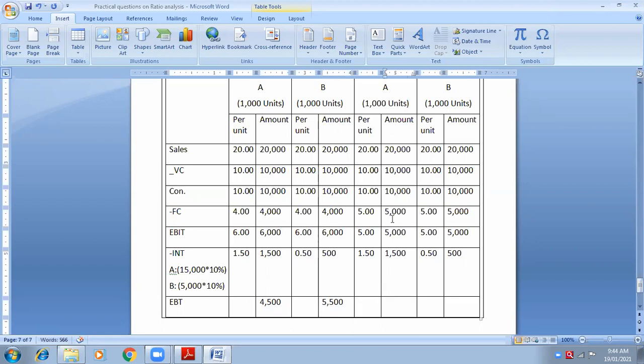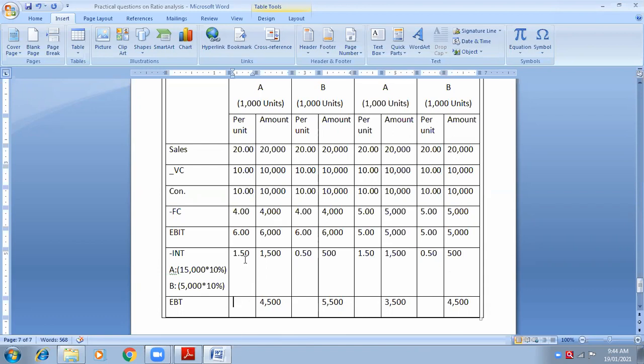And next 5,000 minus 1,500, the answer would be 3,500. And the last, plan B of situation 2: 5,000 minus 500, 4,500. Very good.